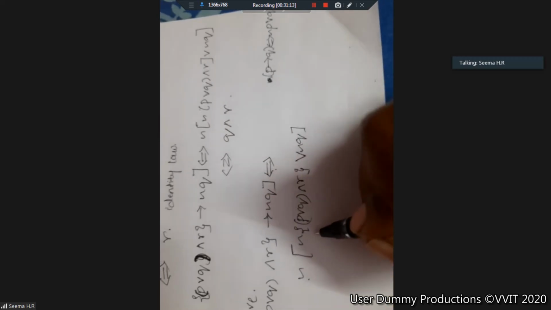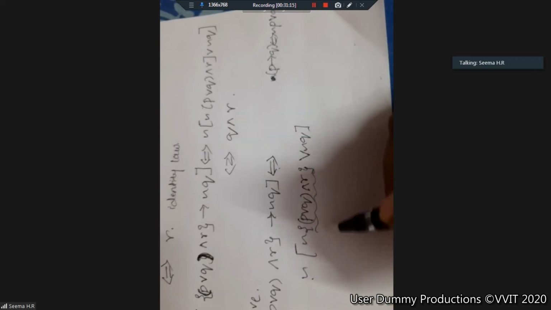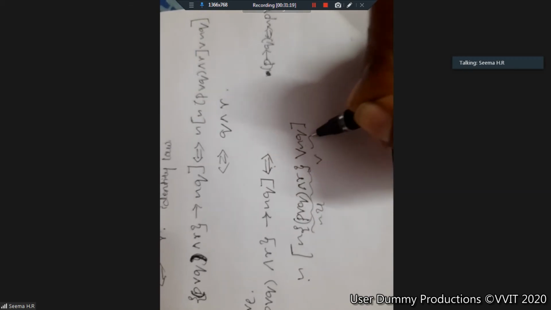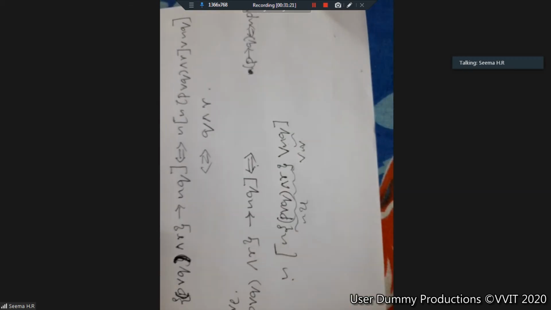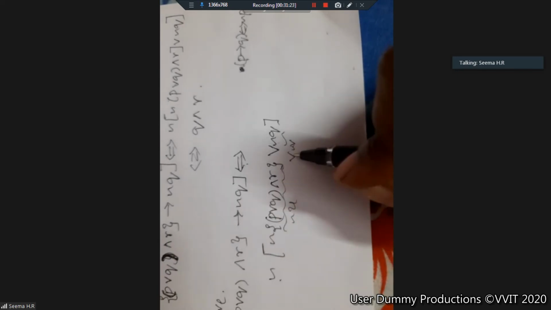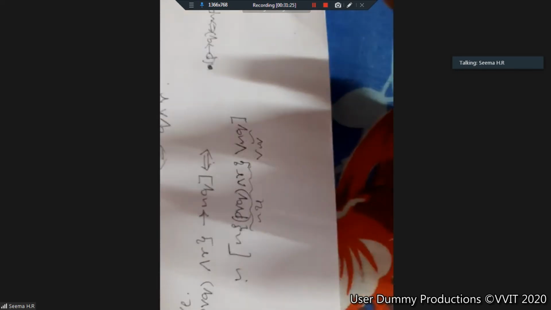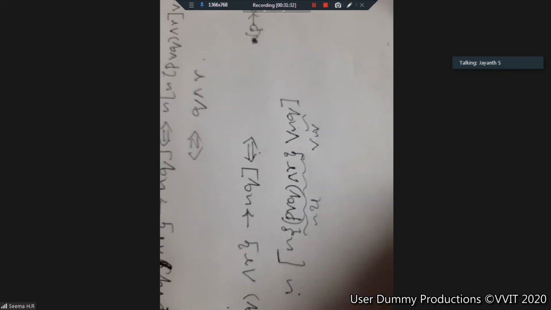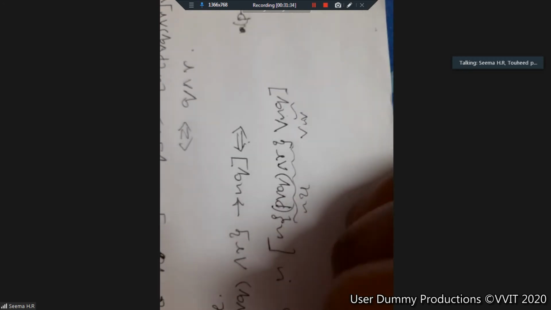Now consider this entirely as negation of U and this as negation of V. So how do you write negation of U or negation of V? Use De Morgan's law.